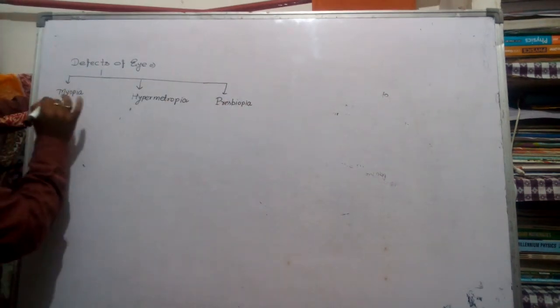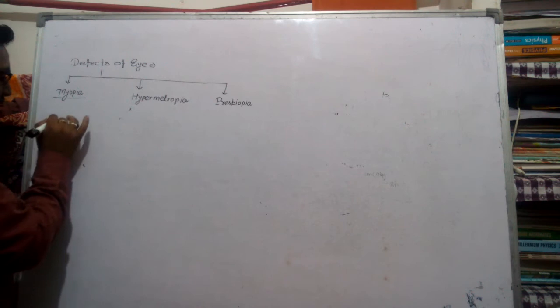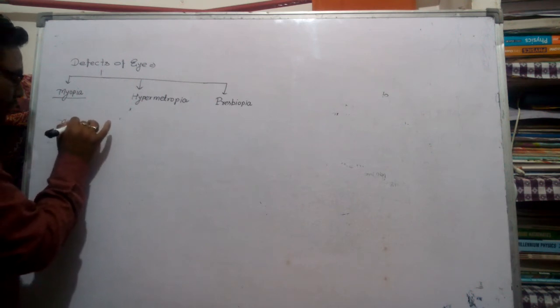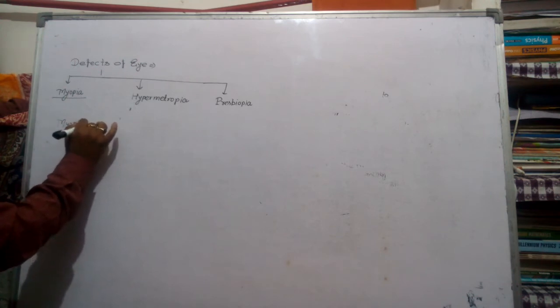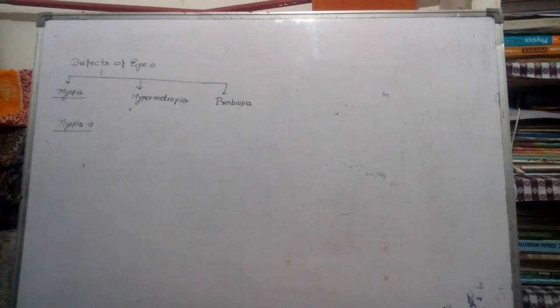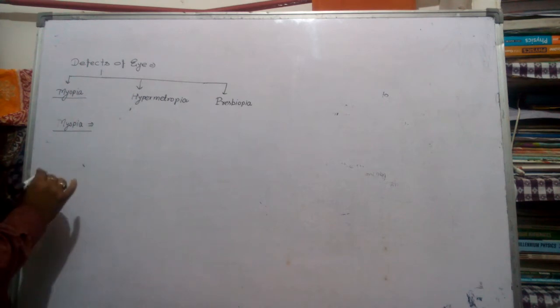What is myopia? First we are discussing myopia. Look at this, beta. Myopia is that defect. First we are discussing the definition of myopia.